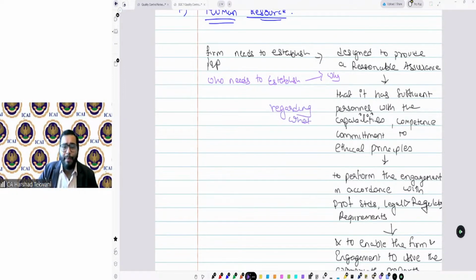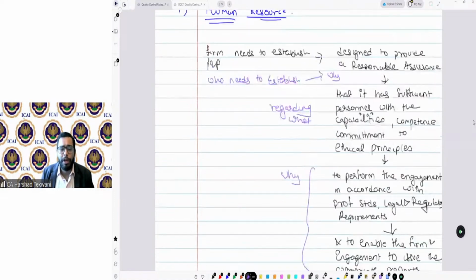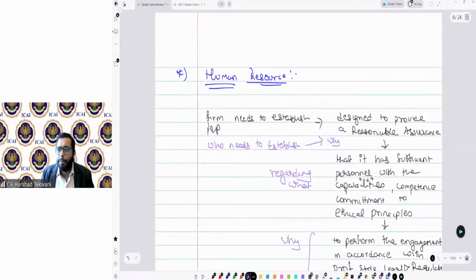These are the questions that I'm asking and getting the answer from SQC 1. Reasonable assurance that it has sufficient personnel. And why do I need sufficient personnel? To perform the engagement in accordance with professional, legal and regulatory requirements, and to enable the firm and engagement partner to issue the appropriate reports. Simple.